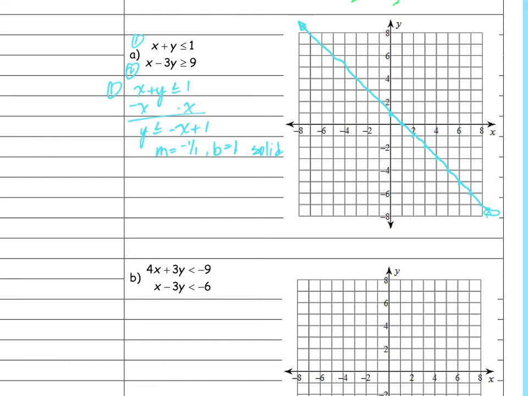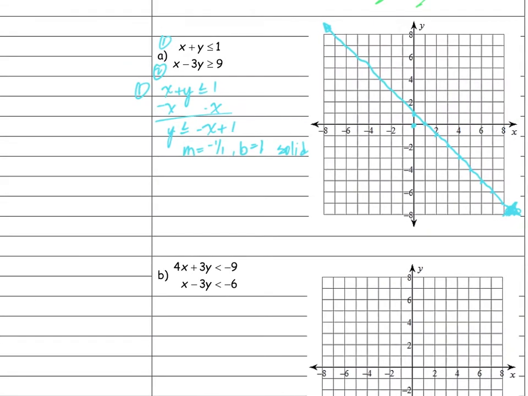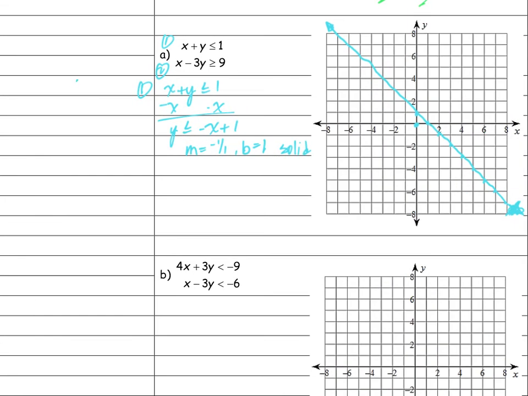Okay, let's make that look more like an arrow. Okay, pick a point not on the line. 0, 0. So if I pick 0, 0, is this a solution?